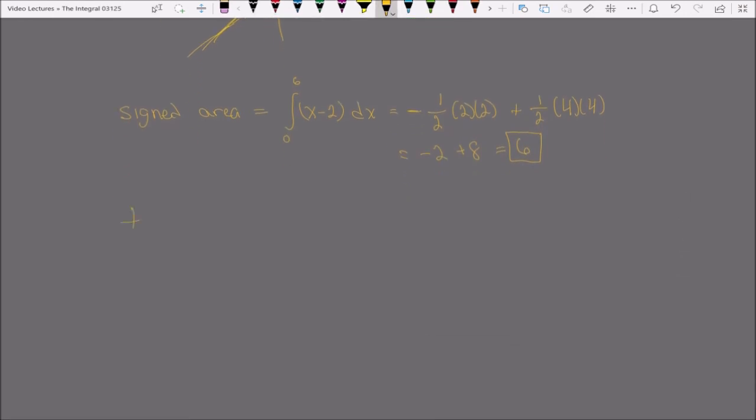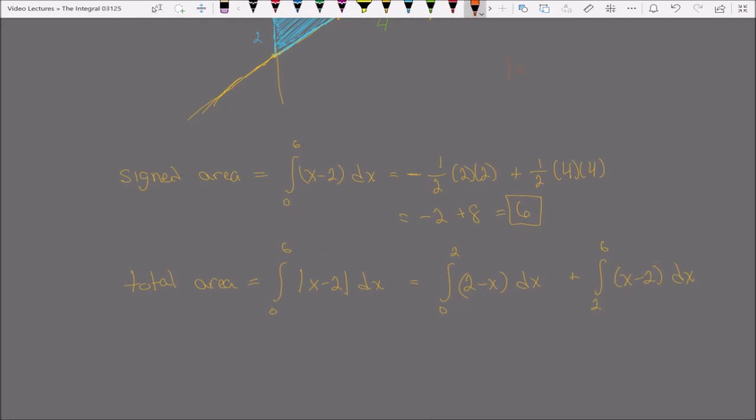For total area, we want the function to be completely positive. So we go into the absolute value of x minus 2 dx, which is the integral from 0 to 2 of 2 minus x dx, plus the integral from 2 to 6 of x minus 2 dx. And this came from the definition of absolute value.